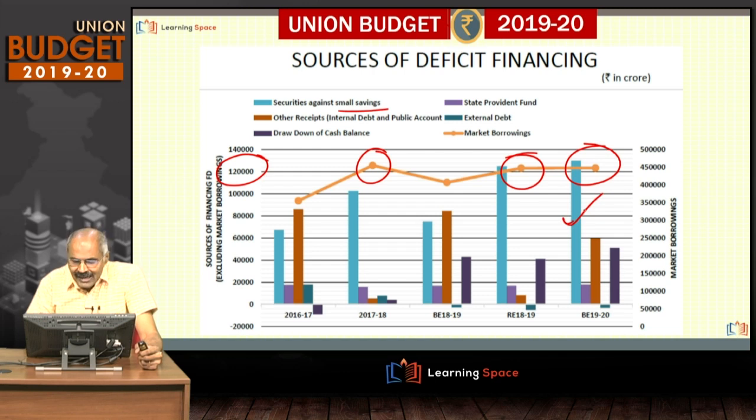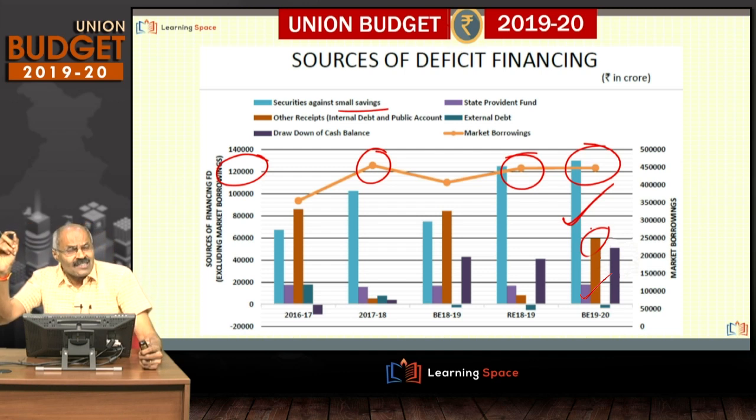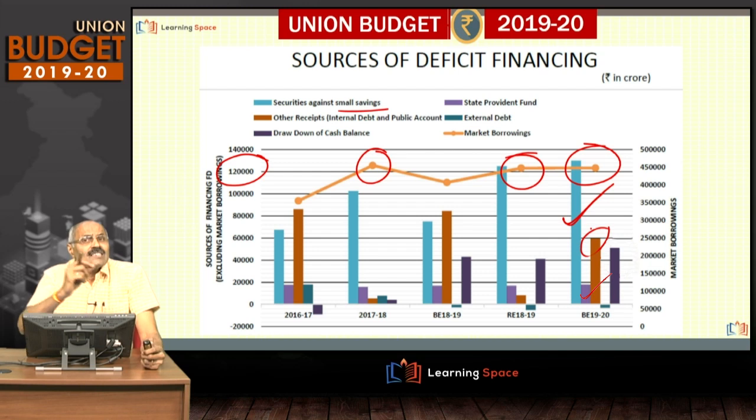You see, this line is accessing small savings, and this is in fact public account deposits. This is provident funds. So therefore, here one important aspect is now the fiscal deficit is around 7 lakh crores of rupees, and in absolute terms, the fiscal deficit is increasing.